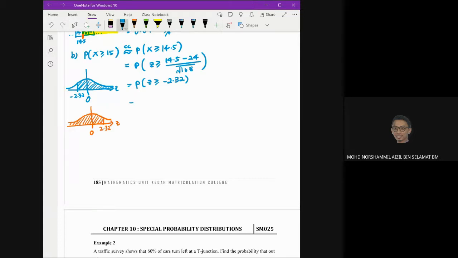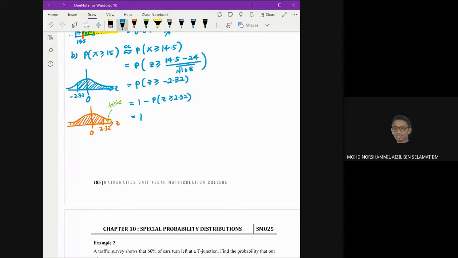So what happened to our calculation? The table will give this one. You get this from the table. Is it okay? Okay, sir. So the table gives the green part on the right side, but we want the left side. So we must do 1 minus probability of Z greater than or equals to 2.32.